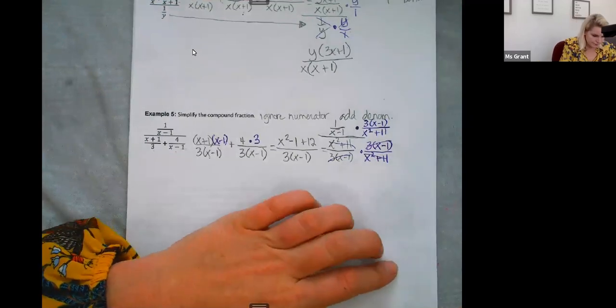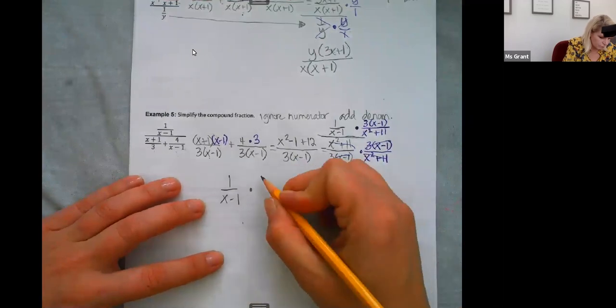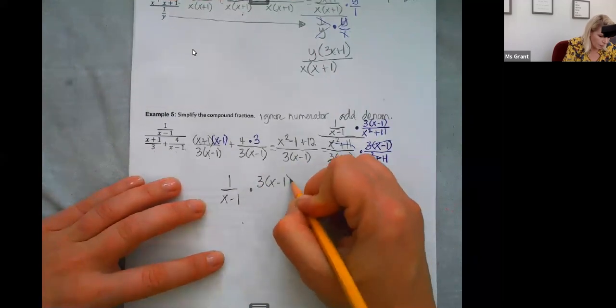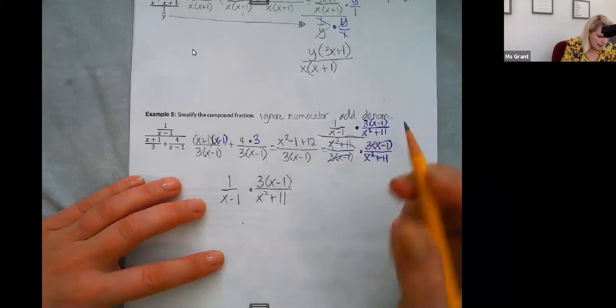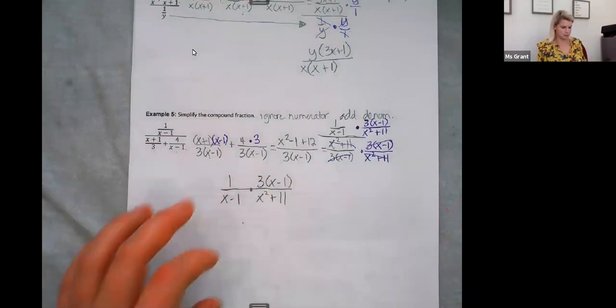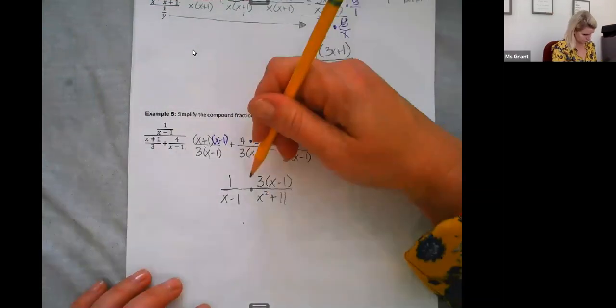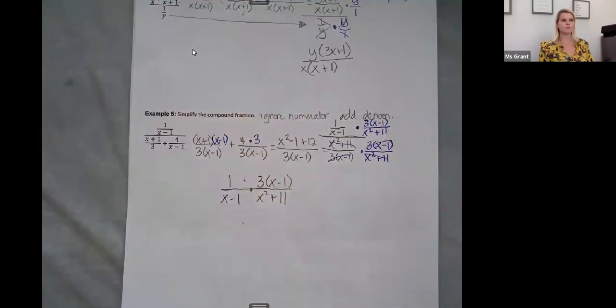Let me just write it again to keep our brains organized. By the way, when I multiply fractions, let's just put it over one giant fraction bar. Is there anything on top and bottom that I can cancel out?